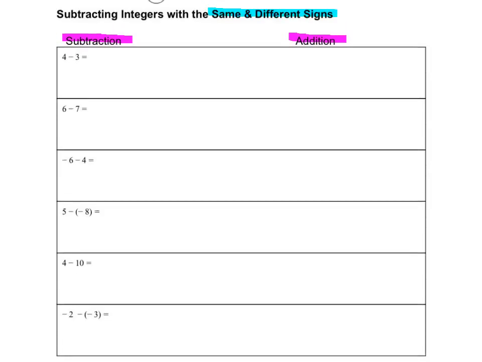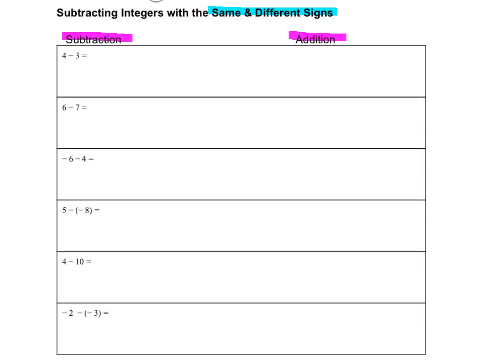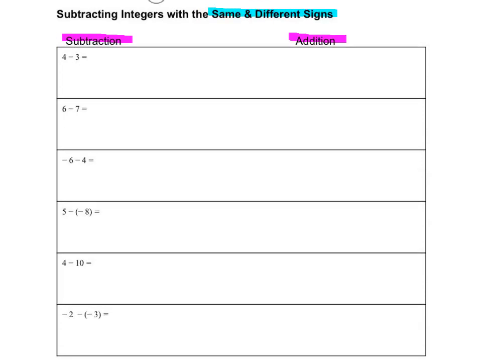I'm going to start by doing subtraction and then go back and do addition. So what I would like you to do is to draw a line, and you can go approximately down the middle to separate out that you will have subtraction on one side and addition on the other.